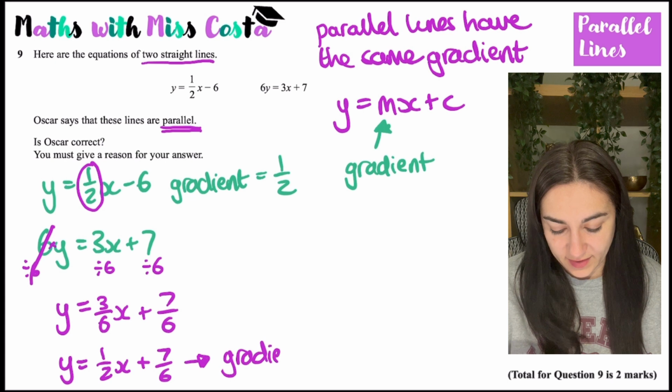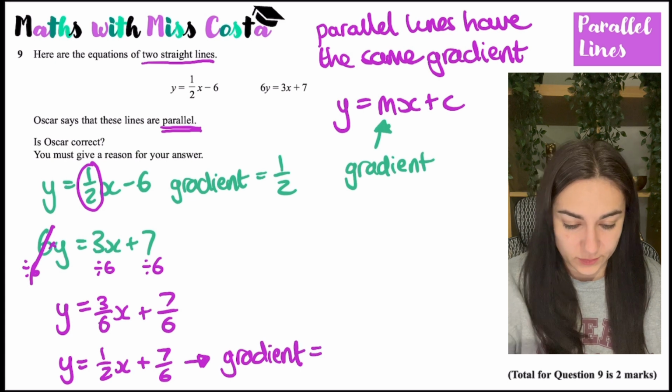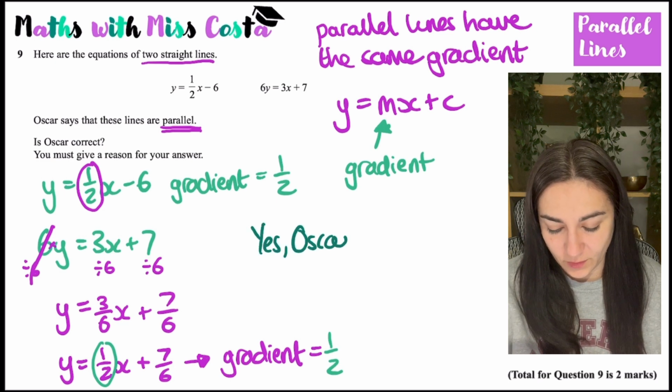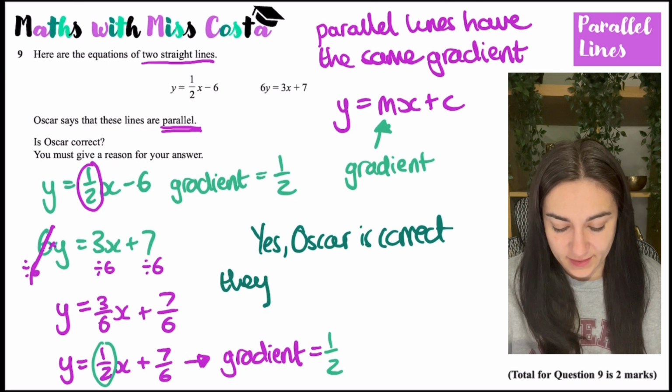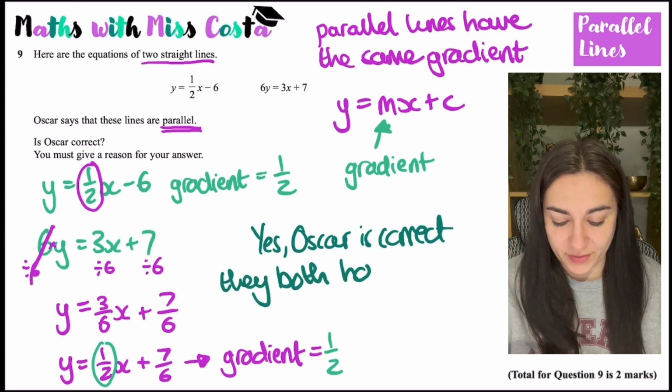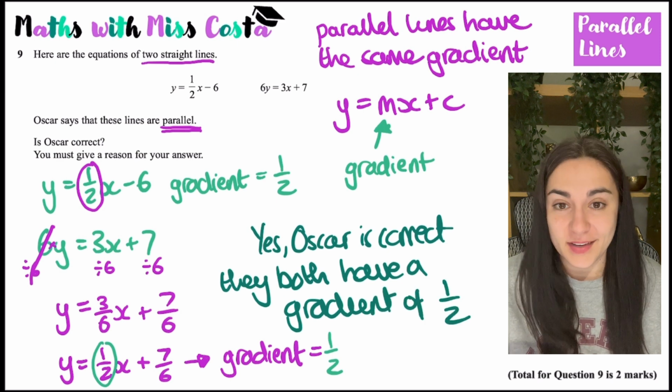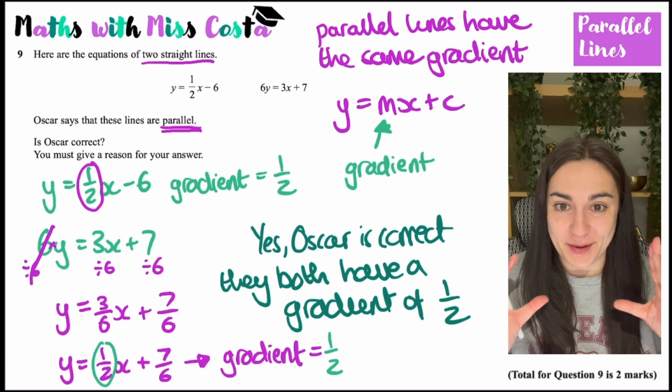The gradient, therefore, equals a half. So yes, Oscar is correct. They both have a gradient of, oh, sorry, of a half. So parallel lines have the same gradient.